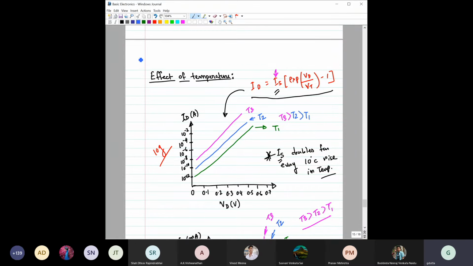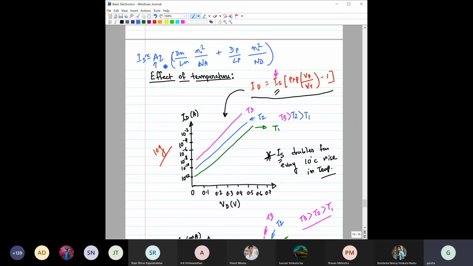This is not important from the course perspective, but just to give you an understanding of how this IS is dependent. So this is basically one simplified expression of this IS.